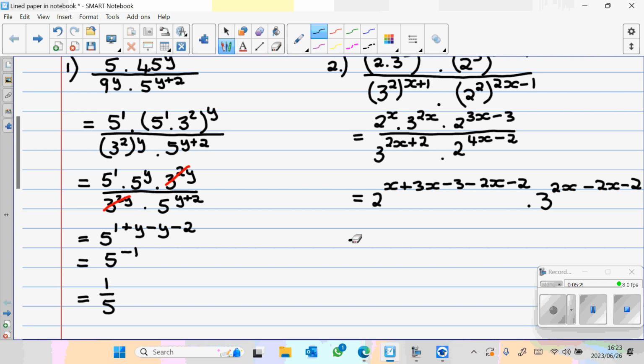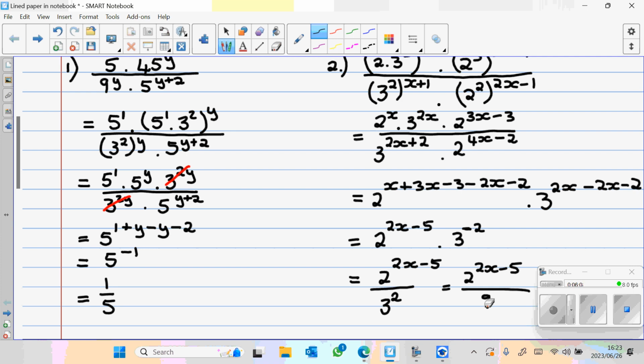And this gives me x plus 2x is 3x, minus 4x... so 2 to the power of 4x minus 2x is 2x, minus 5, and 3 to the power of minus 2. So that minus 2 indicates it's not where it wants to be. So 2 to the power 2x minus 5 remains at the top, but the 3 squared goes underneath. And that is actually 2 to the power 2x minus 5 over 9.